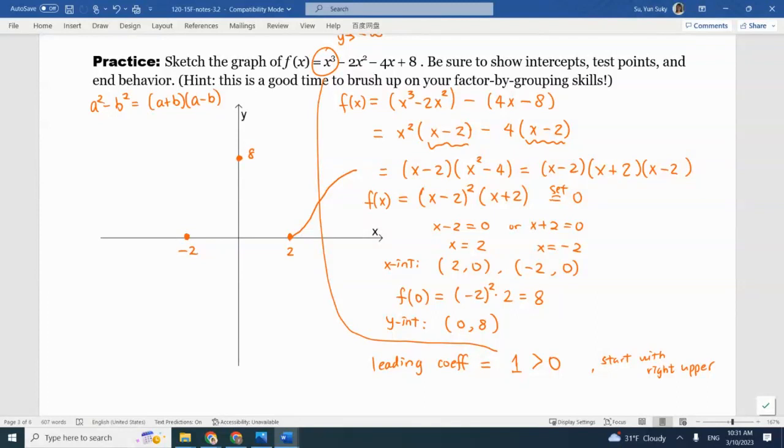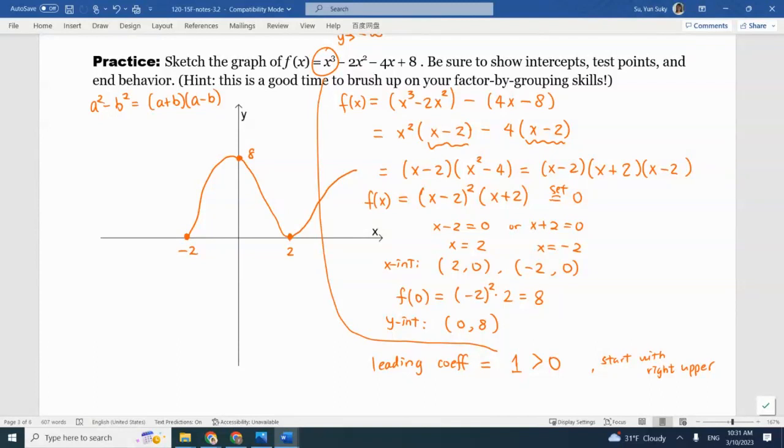That corresponds to the factor x minus 2. x minus 2 has the power 2, so the multiplicity is 2. Then you cross or bounce off? Bounce. Right, bounce. And then we want to connect this point and get here.